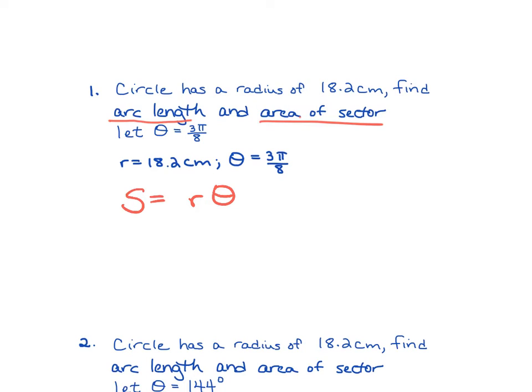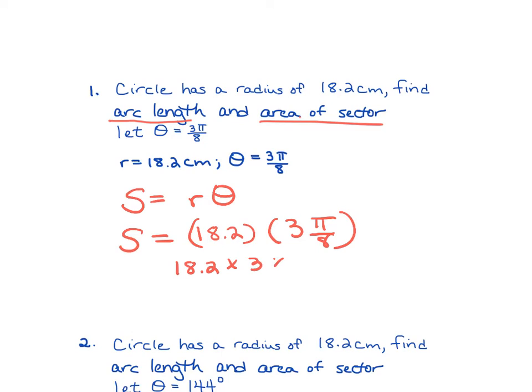So all I'm going to do here, and these will be calculator questions, S is equal to 18.2 times 3 pi over 8. If I'm going to do this in my calculator, what I'm going to key in is 18.2 times 3 times pi divide by 8.